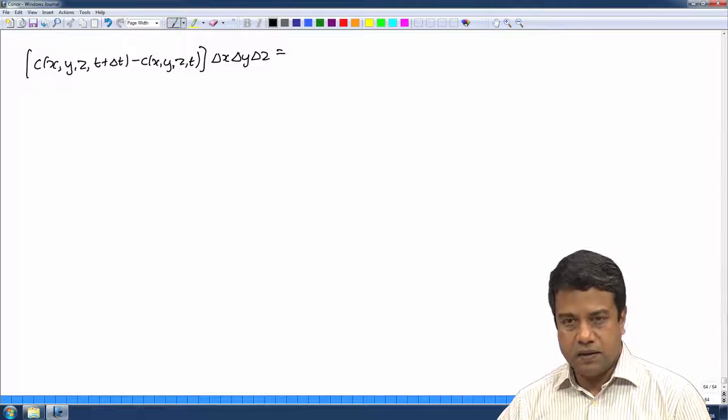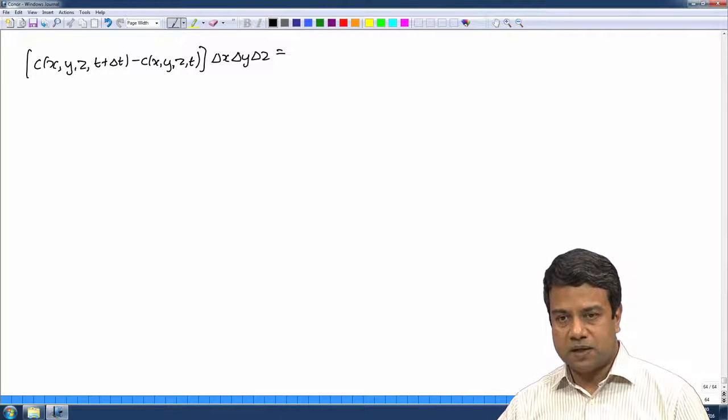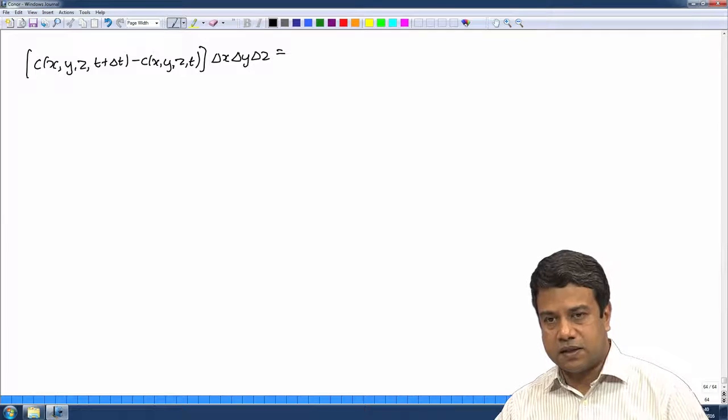On the right side you have multiple terms. The first term is along the y direction that we had done earlier. There is mass coming in at y minus delta y by 2 and leaving at y plus delta y by 2.